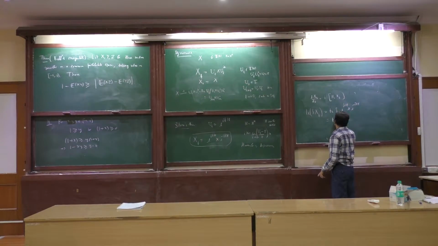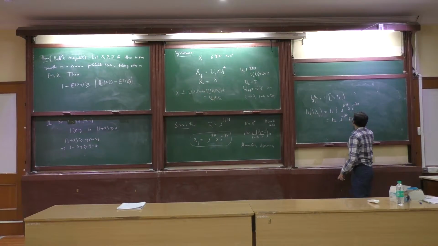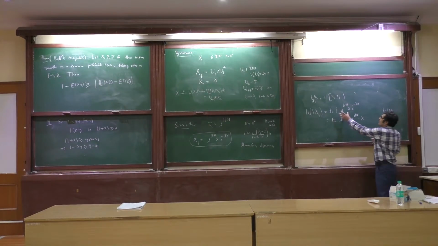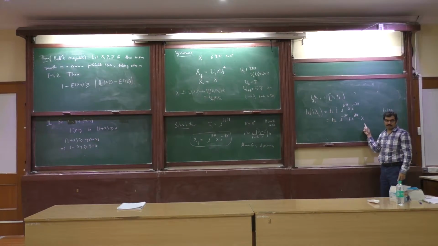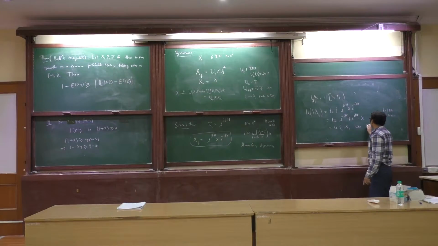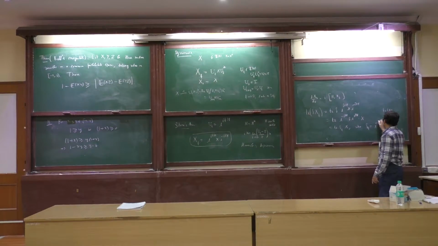So this is the same as trace rho_t times x, where rho_t is e to the power minus ith rho e to the power ith. Okay.